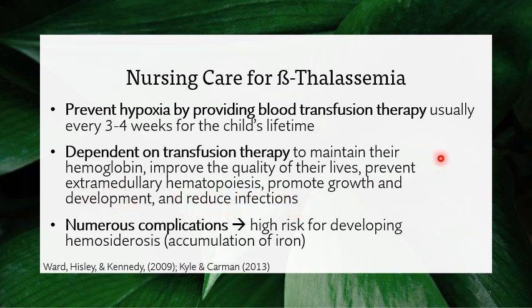We just need to give the transfusion therapy because they cannot function without the red blood cells. It's just like a car without fuel. So you just have to give the transfusions for the children. And there will be numerous complications, for example, a high risk for developing hemosiderosis, the accumulation of iron.